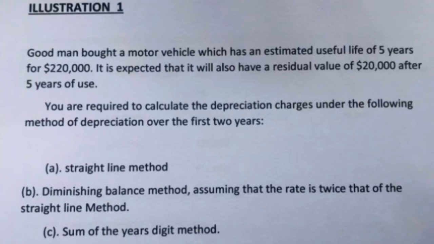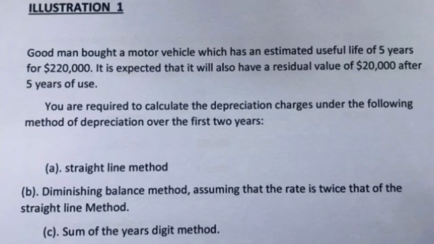Good man bought a motor vehicle which has an estimated useful life of 5 years for $220,000. It is expected that it will also have a residual value of $20,000 after 5 years of use. You are required to calculate the depreciation charges under the following methods of depreciation over the first 2 years.